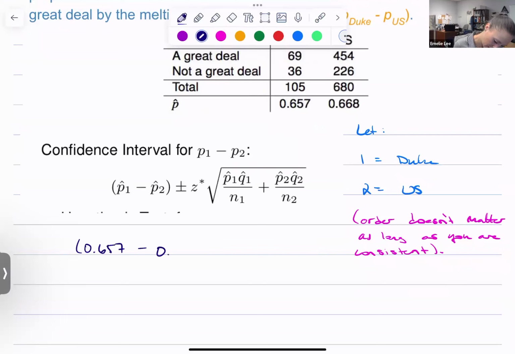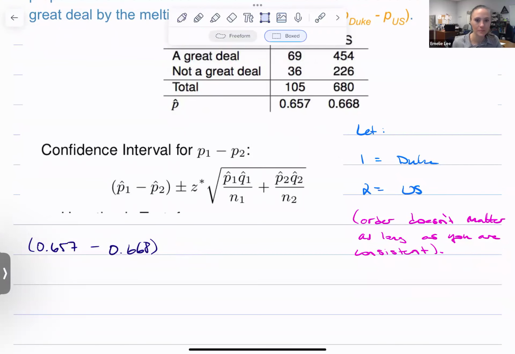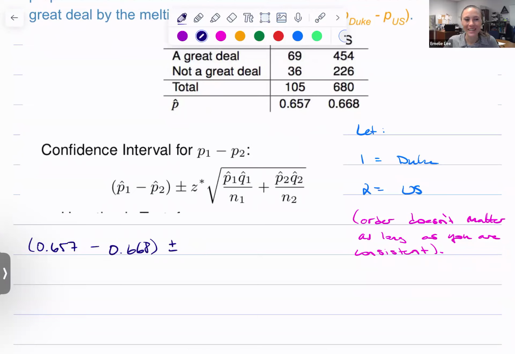0.657 minus 0.668, considering the difference between these two proportions. Z star for a 95% confidence interval, you might remember from the t-table, Z star is 1.960. You find that the exact same way that we have been doing it, so that's not different. So I'm going to use that right away.